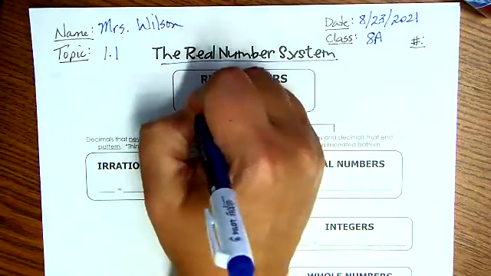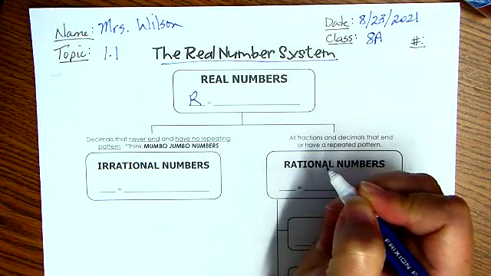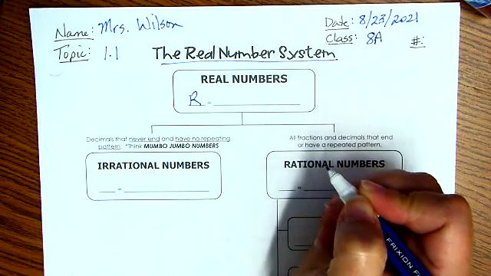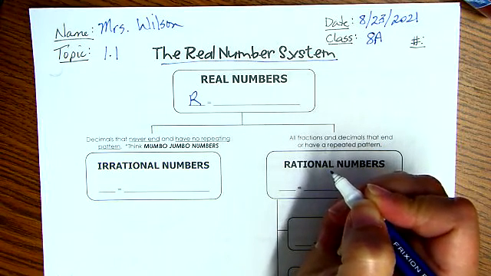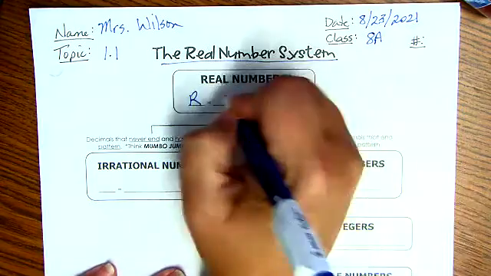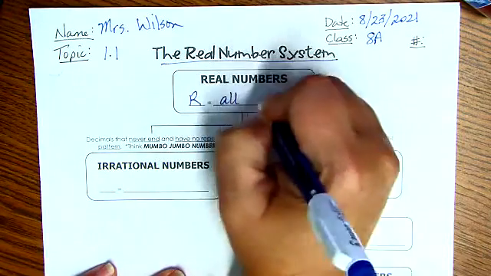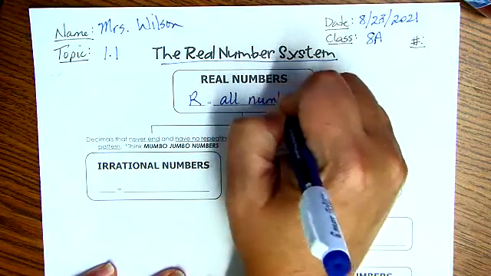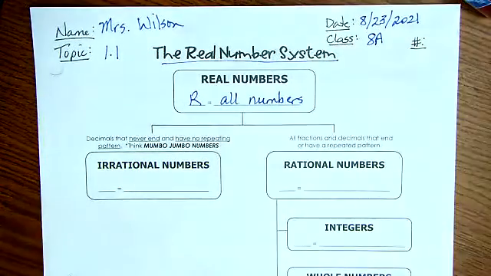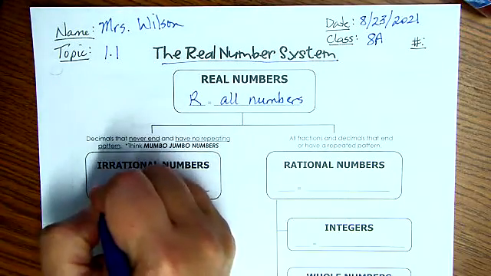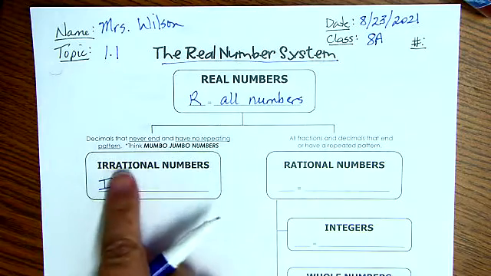Real numbers, you're going to write an R to represent real numbers. And that's going to be all numbers. And then we break it out. We're going to have the I represent irrational numbers.